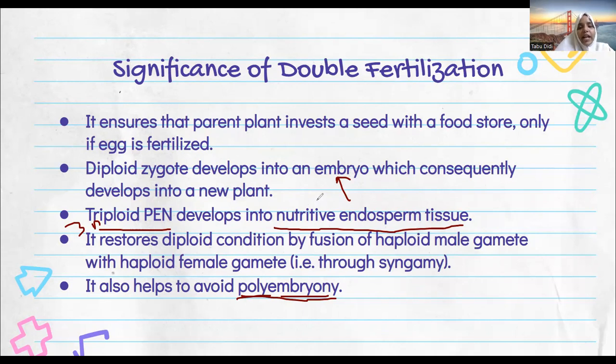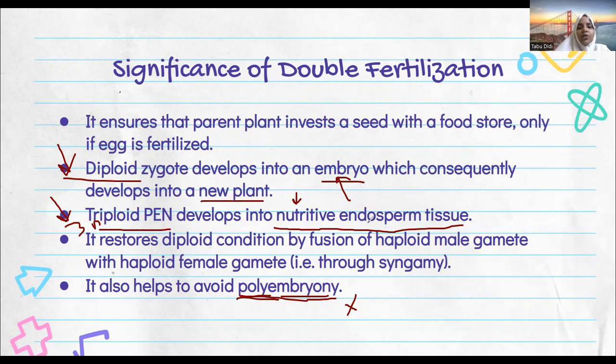More than one embryo will not be formed, because if more than one embryo were formed, they would not get enough nutrition for their growth and development. To avoid this problem, double fertilization ensures that one diploid zygote is formed and one triploid primary endosperm nucleus is formed. The zygote develops into the embryo, which will further give rise to a new plant.